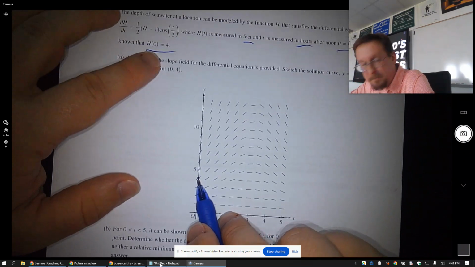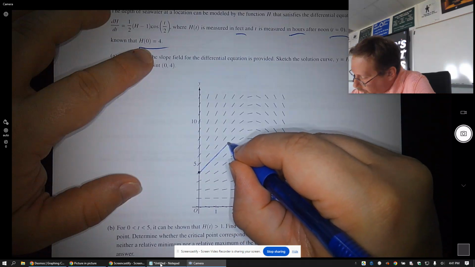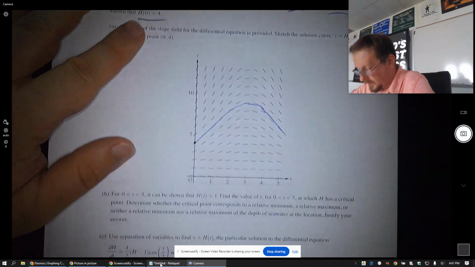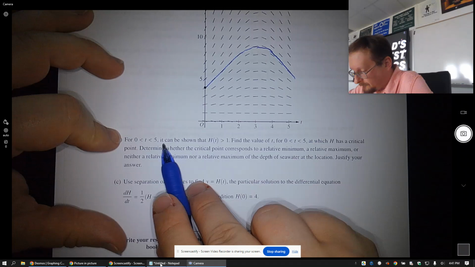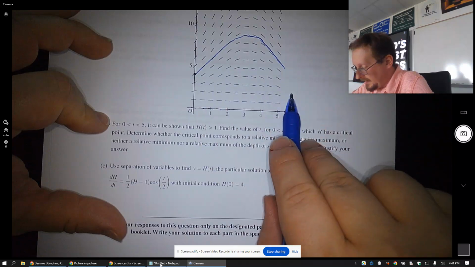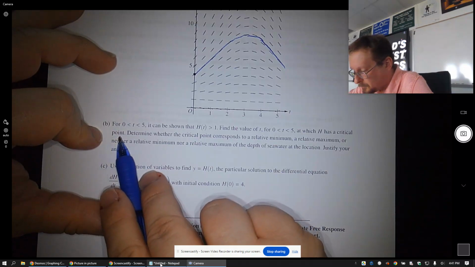Thank you so much for helping me out with that. For t from 0 to 5, it can be shown that the height is greater than 1. Find the value of t for which h has a critical point.